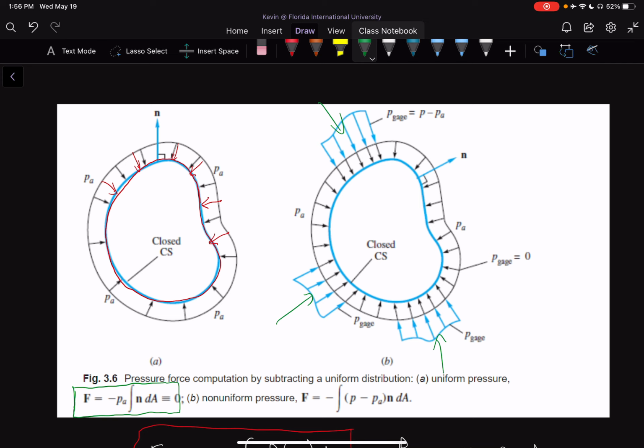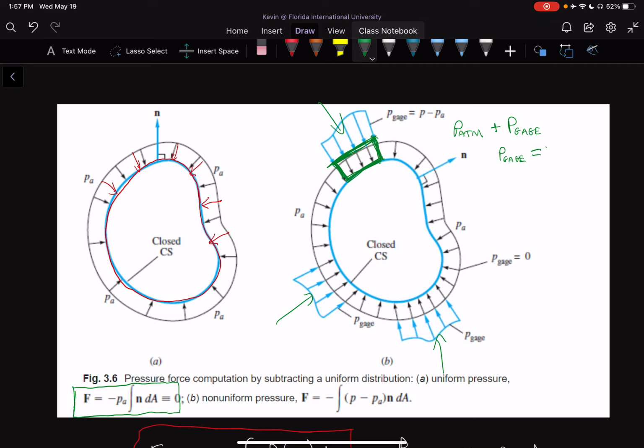So the absolute pressure you feel on this area right here, or this area right here, is the atmospheric pressure, which we don't really feel, plus the gauge pressure, or the pressure that is added in addition to the atmospheric pressure. So essentially what you're feeling is just a gauge pressure. You're just feeling this change in pressure due to the wind.